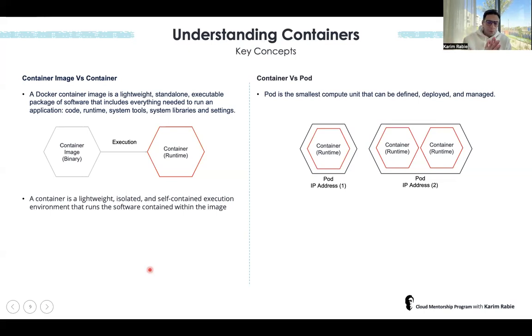So a container, from the definition, is a lightweight, isolated, self-contained execution environment. And that's the important thing for me, that it is a self-contained execution environment. You can find multiple containers sharing the same host operating system, sharing the same Linux, but each one of them is a separate execution environment.